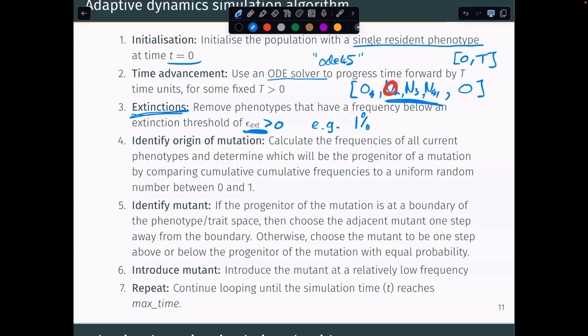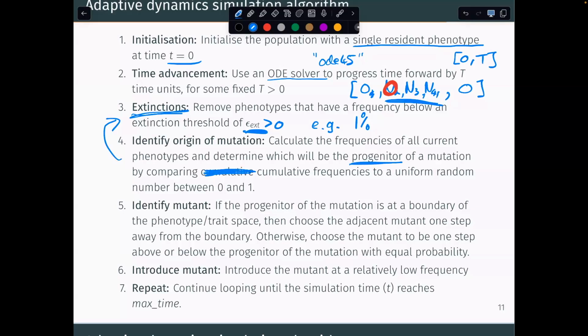So I calculate the frequencies of all current phenotypes, which I should have done already for the extinction stage. And then we determine which will be the progenitor, or the origin, of this mutation by comparing the cumulative frequencies to a uniform random number between 0 and 1.